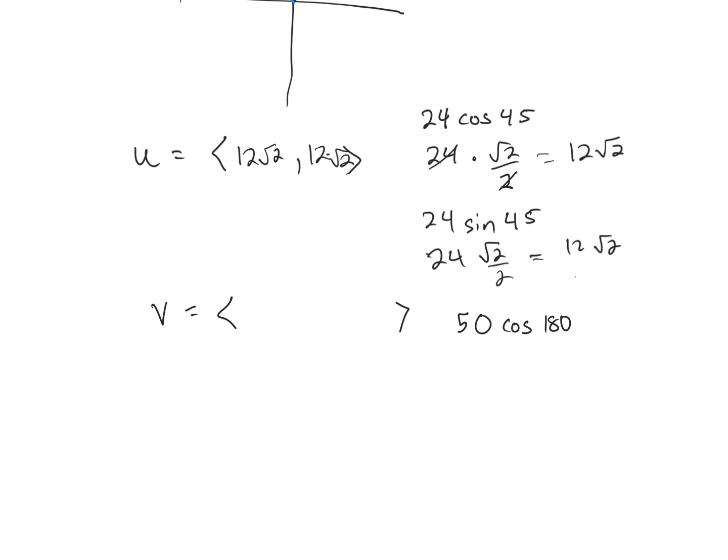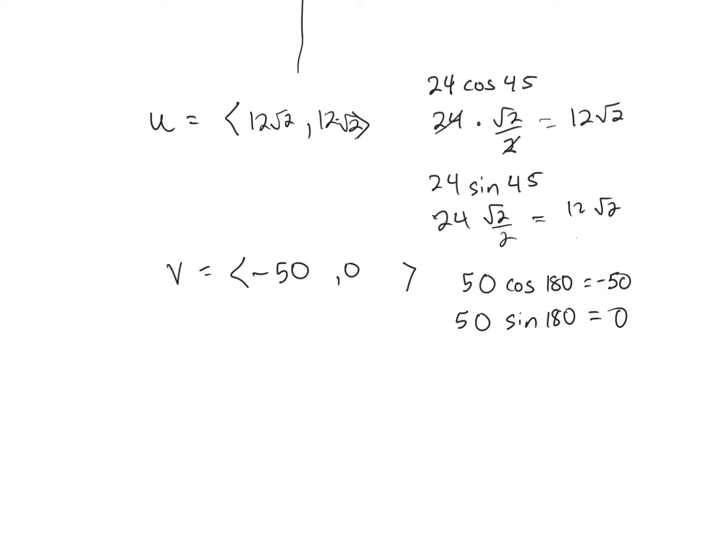Remember, cosine of 180 is negative 1, so the x is negative 50. The second component is 50 times sine of 180. Sine of 180 degrees is 0, so this is just plain old 0.